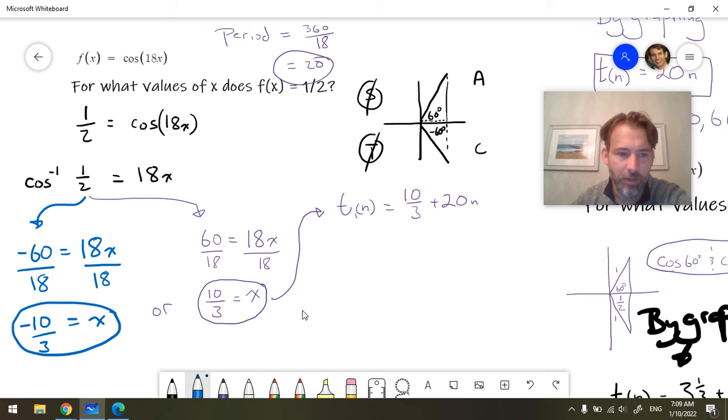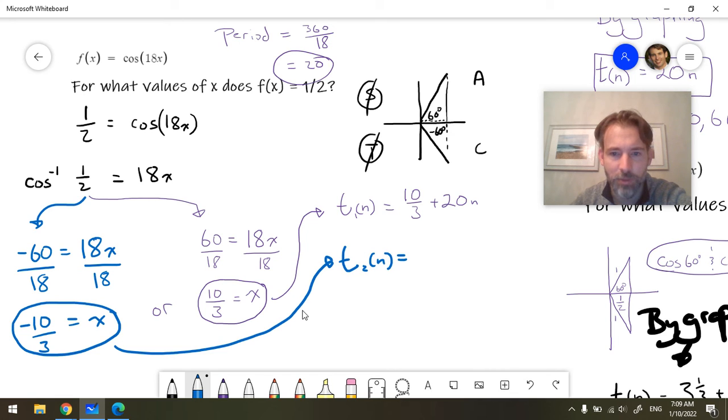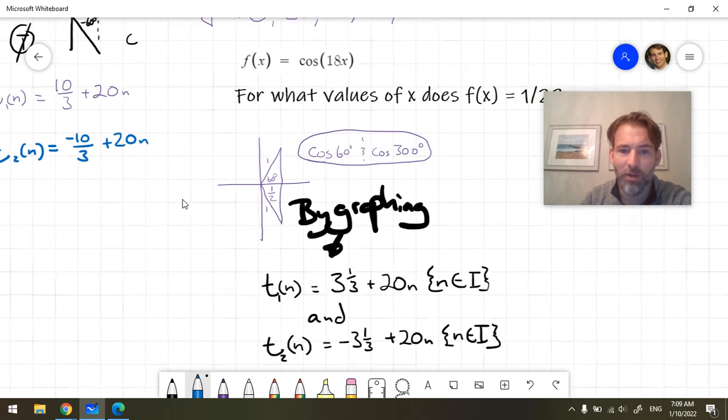And then the other arithmetic series can be given by this number. t2 of n is equal to negative 10 over 3 plus also the period times n. Okay, so those are two different series, and they should generate the infinite list of solutions. Let's see what we had over here by graphing.